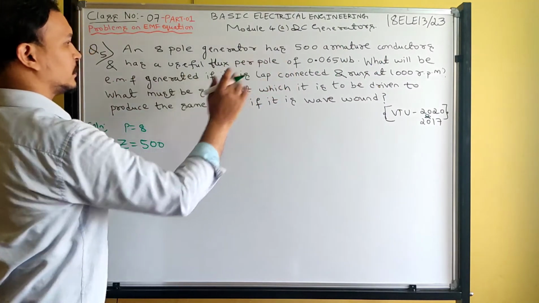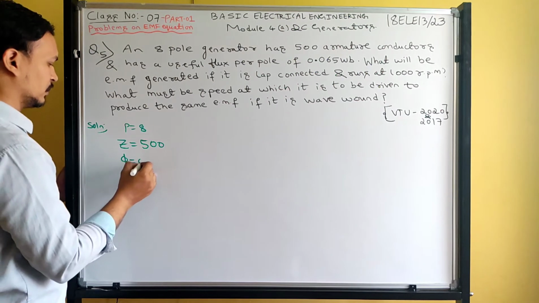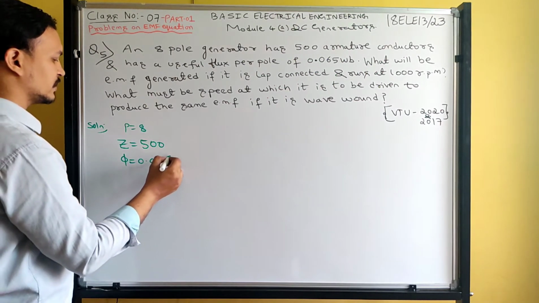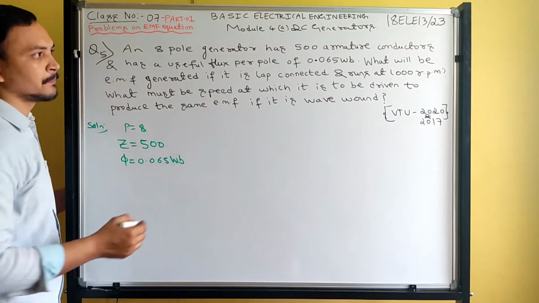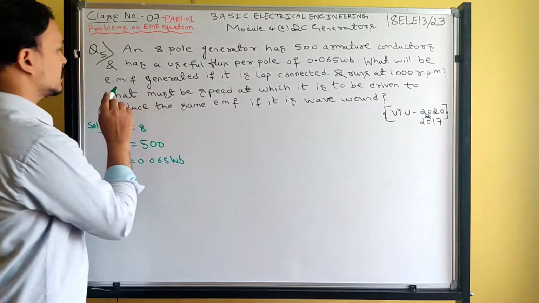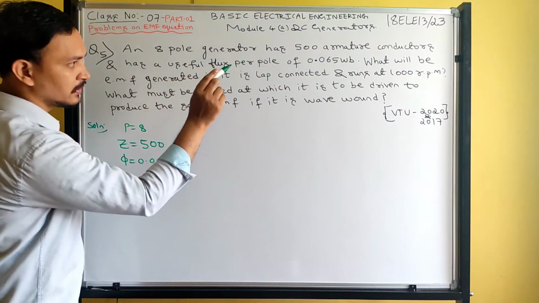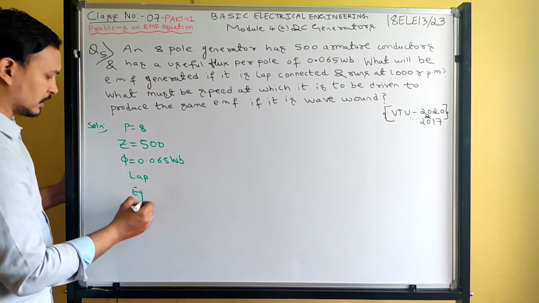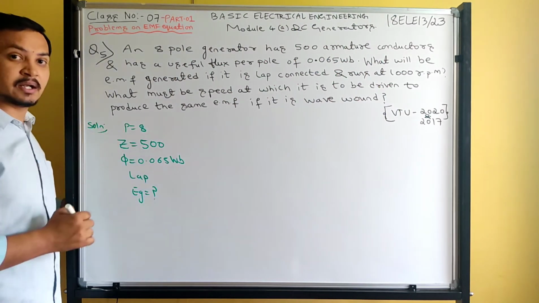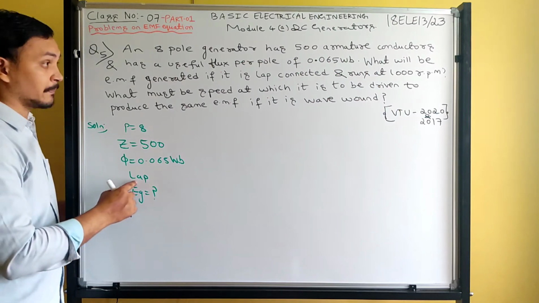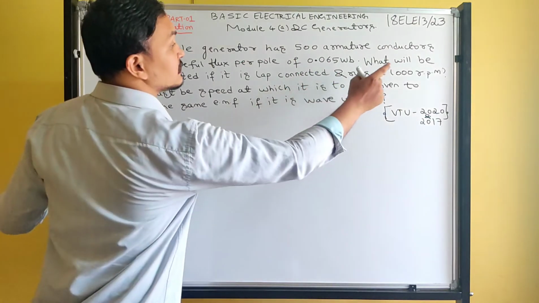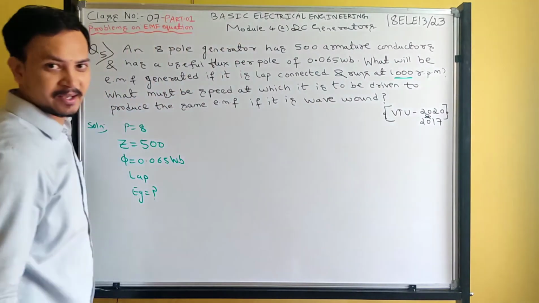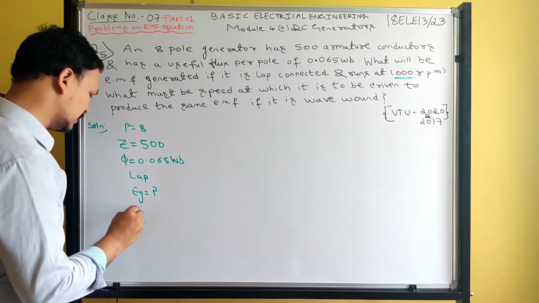A useful flux per pole of 0.065 Weber. What will be the EMF generated if it is lap connected and runs at 1000 RPM?